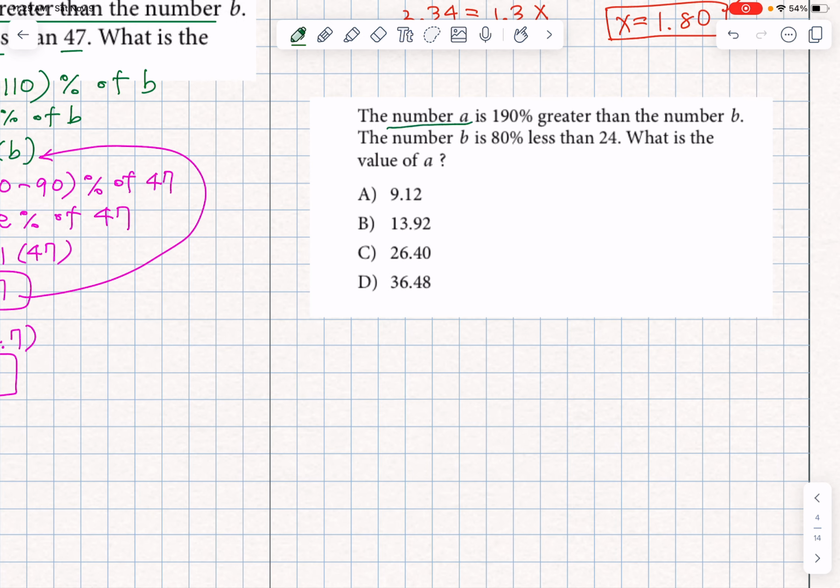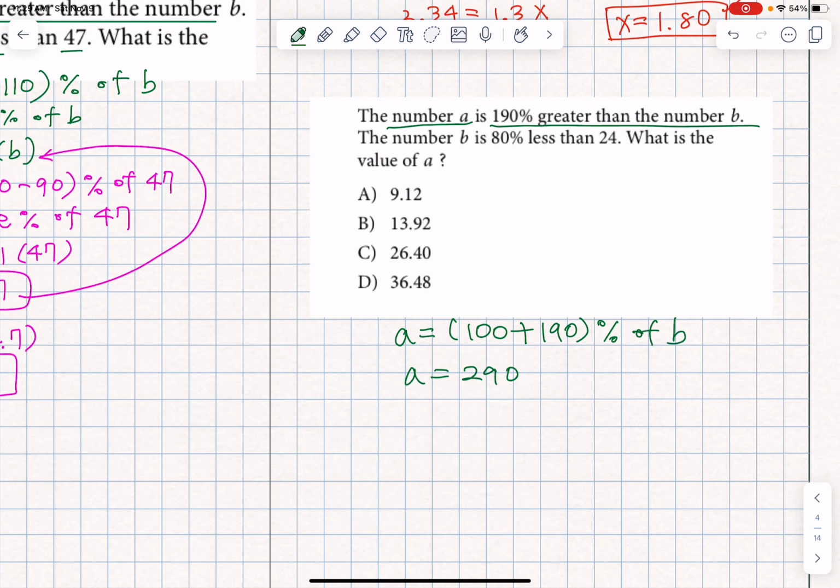So the number A is 190% greater than B. If I express this, A equals, greater than, then you have to add 100 plus 190% of B. So A equals 290% of B. I can rewrite the equation as 2.9 times B, because I changed it to the decimal.